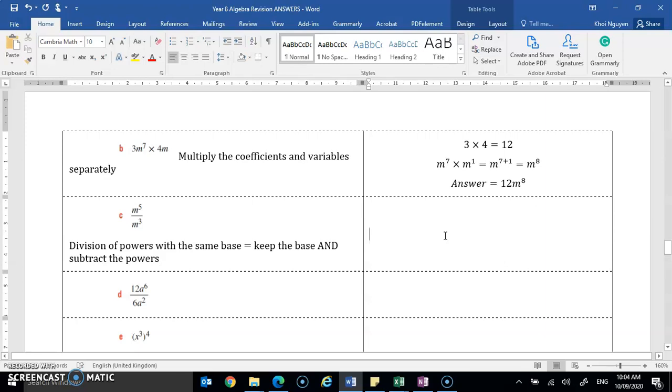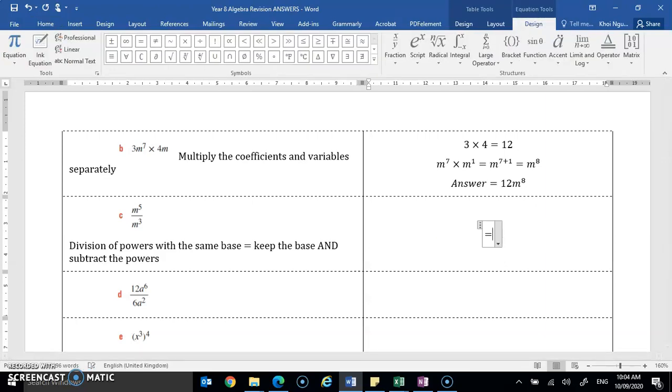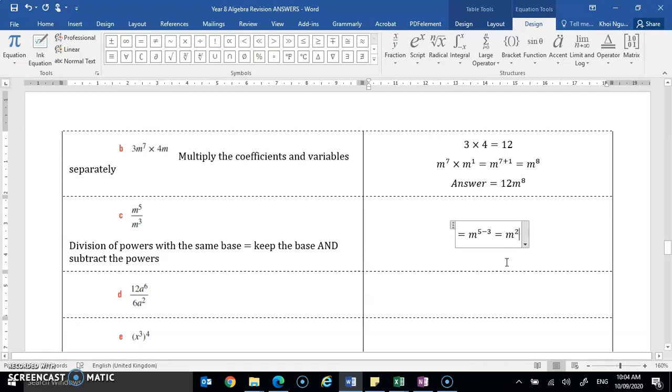So keep the same base m, and we have 5 minus 3, the top minus the bottom. 5 minus 3 is 2, so we have m to the power of 2. And that is our answer. See, it's very similar to multiplication.